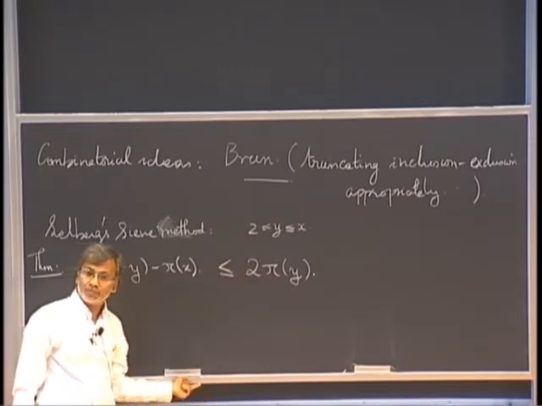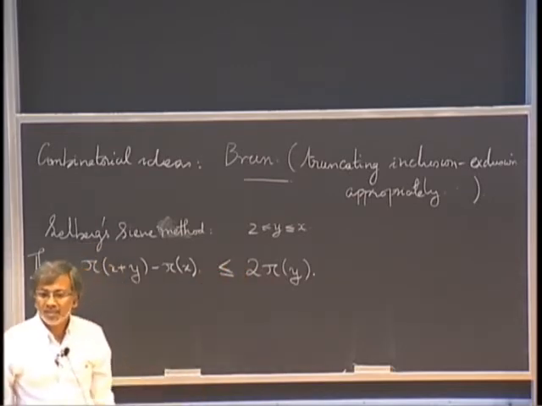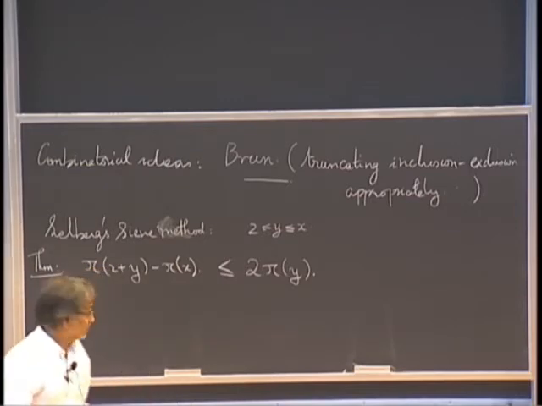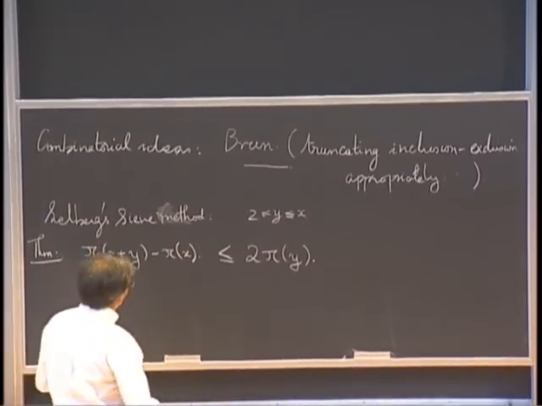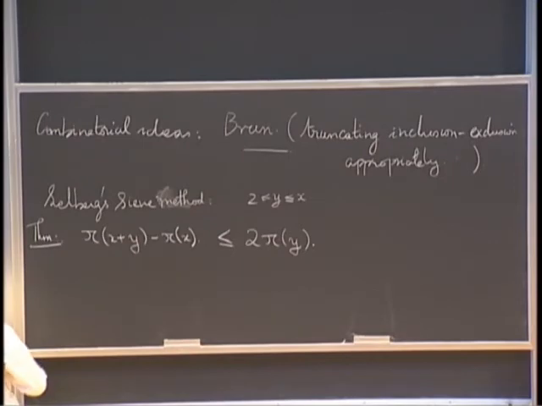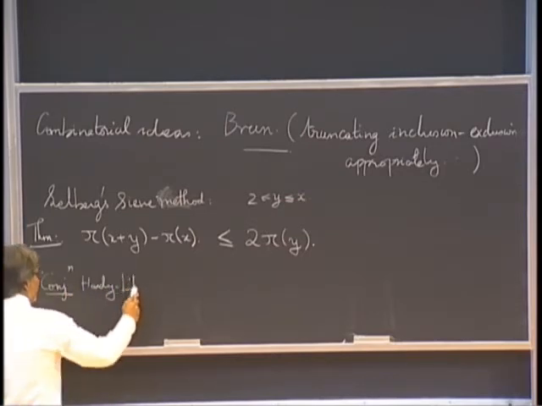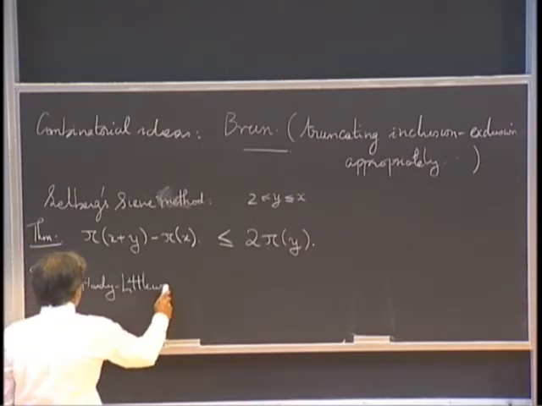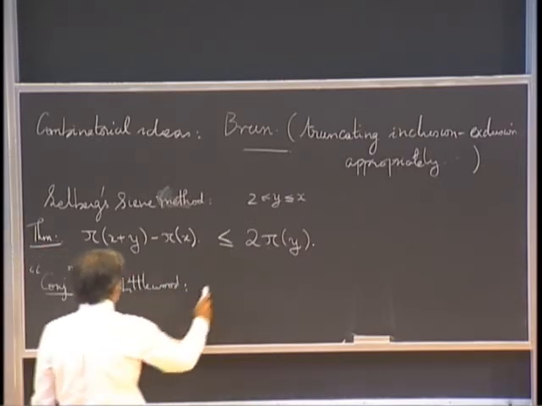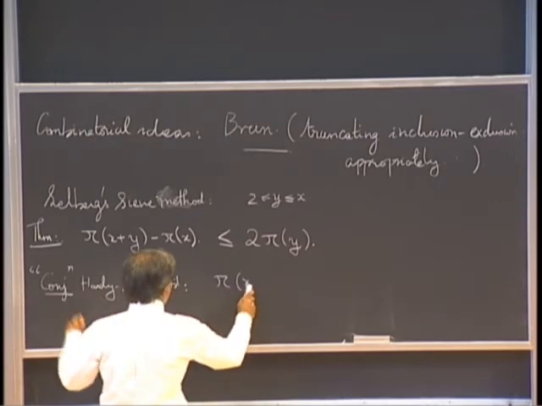Okay? Is that sharp? We don't know, right? So for a while, initially there was some kind of a conjecture due to Hardy and Littlewood. They conjectured that maybe, so actually I'll say why I put the quotes here.